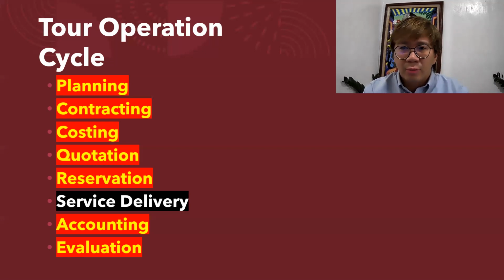So basically, 80% of the time from planning to evaluation is all done inside the office. But the 20% of this time is geared towards the service delivery system. So basically, it's spent in the field outside the premises of the office.